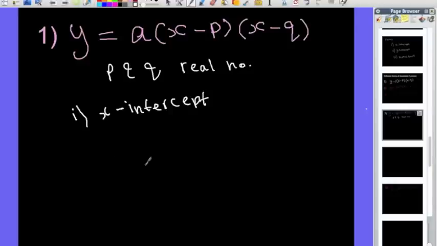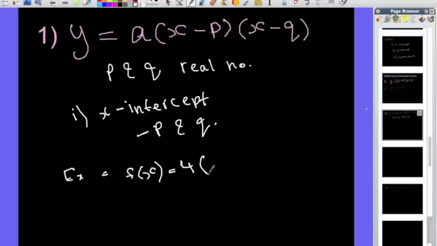In this case, in order to find the x-intercept, you should just look at p and q, because p and q are the x-intercepts. Let's take a look at an example. Something like f of x equals 4 times (x minus 2) times (x plus 3).